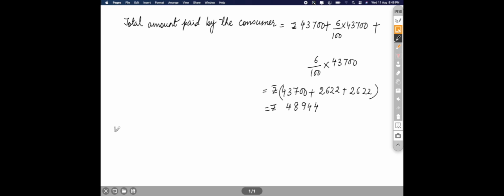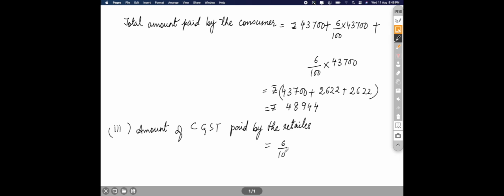Next, the third part. Amount of tax paid by the retailer to the central government. So amount of CGST paid by the retailer. Naturally it will be 6% of his profit, right?